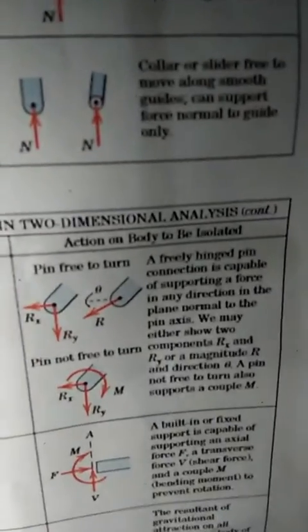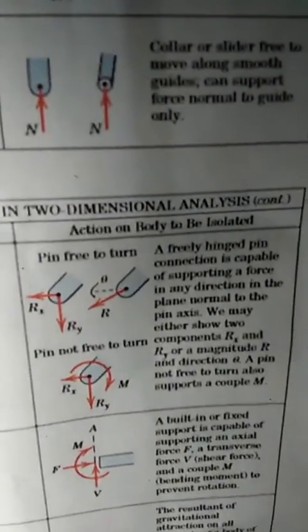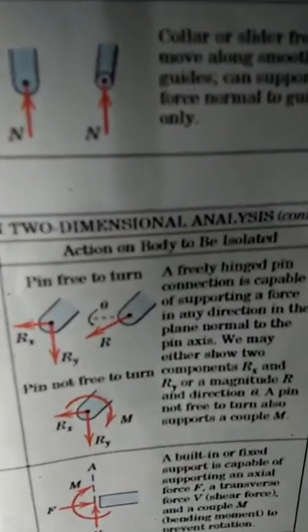Along X at saka along Y. Pero, kapag yung pin is not free to turn, meaning to say may moment yan, may mabubuong moment, okay? So, may force along X, Y, at saka yung moment. So, yun yung pin connection.